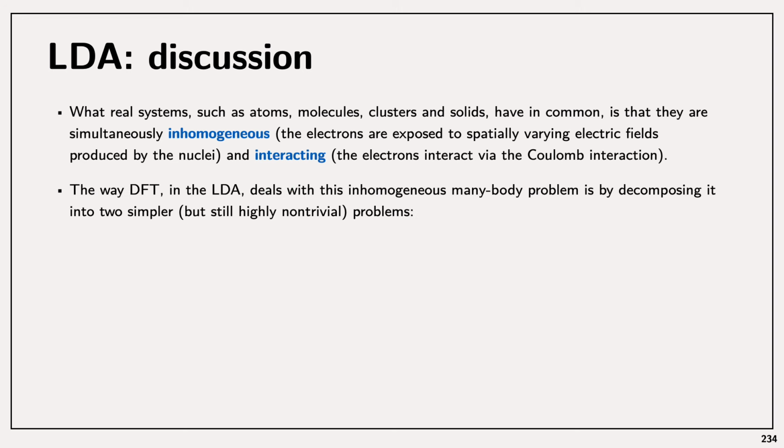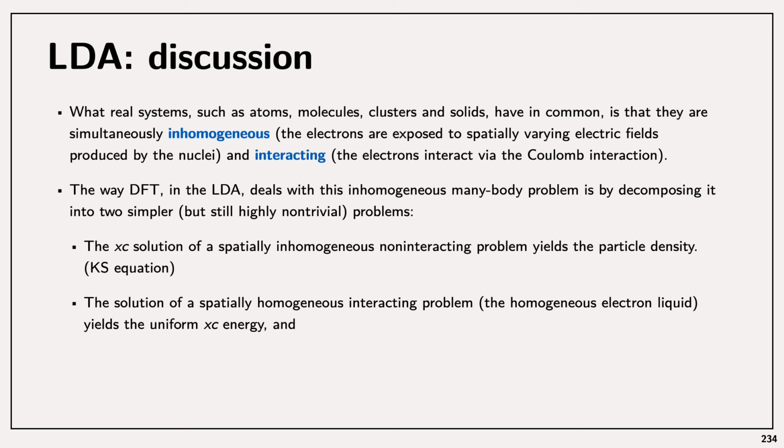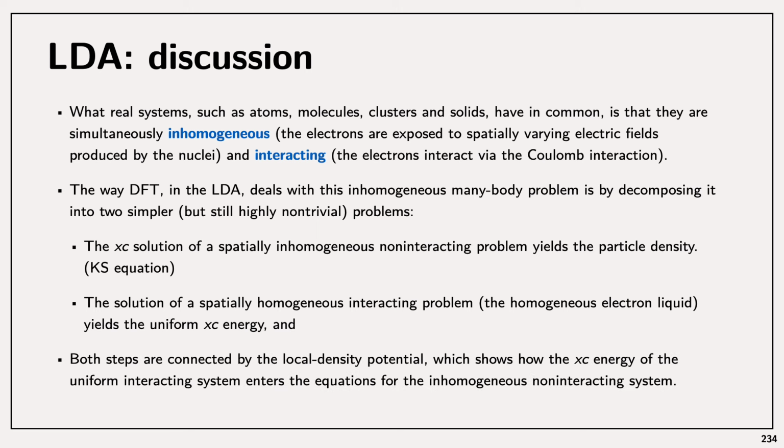So we solve the problem because we are separating this in two parts. One is the non-interacting particles. This is the Kohn-Sham equation. And then we add the exchange correlation energy to that, to the mix, which in this case is LDA.